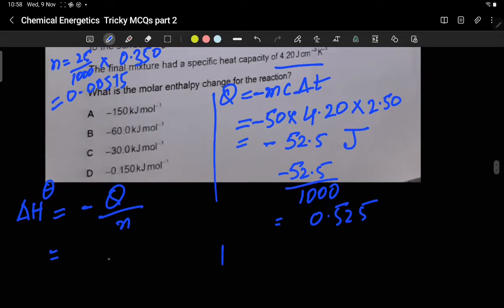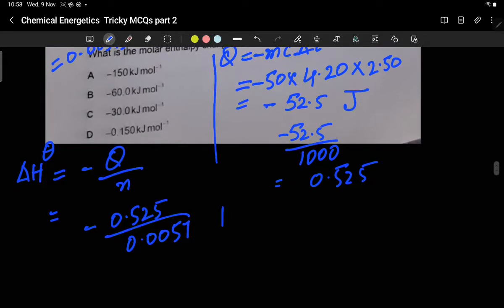Q is 0.525 divided by moles, 0.00575, which is equal to the enthalpy change of neutralization, minus 60 kilojoule per mole.